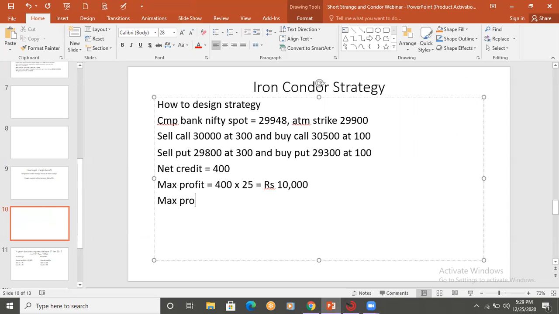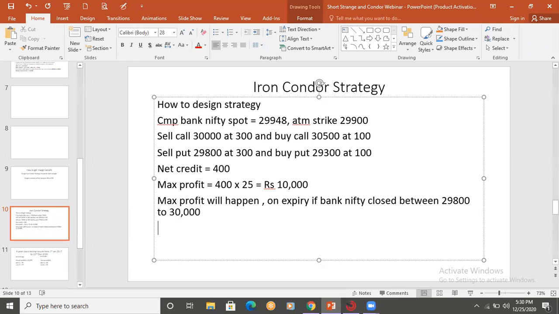This maximum profit will happen on expiry if Bank Nifty closes between the strikes which we have sold. So if Bank Nifty spot settles between 29,800 and 30,000, same as we discussed in short strangle.